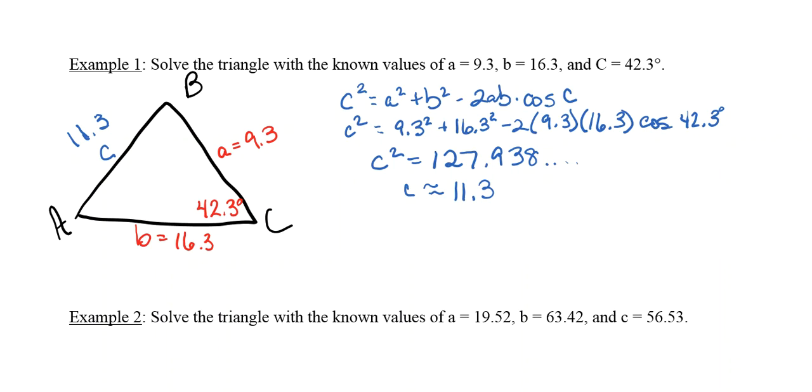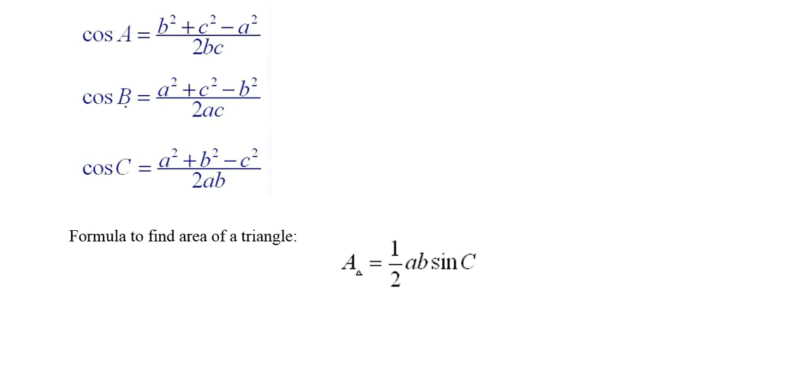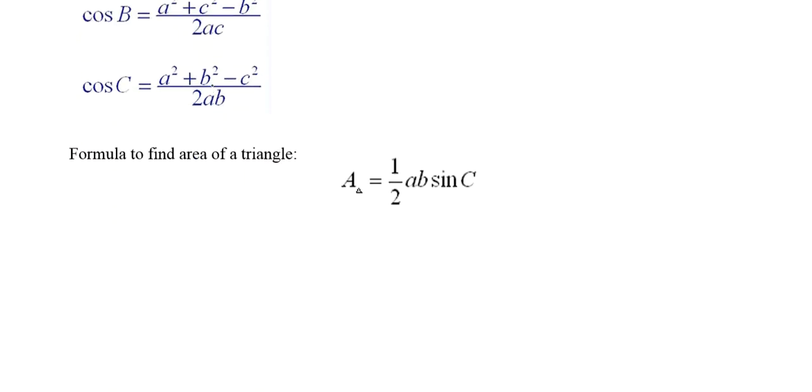To set it up, we're going to do cosine of B equals, let's just verify real quick up here. If I'm doing cosine of B, we're going to do A squared plus C squared minus B squared, so the one that we're minusing matches the angle that we have here, and then the A and the C on the bottom match the first two.